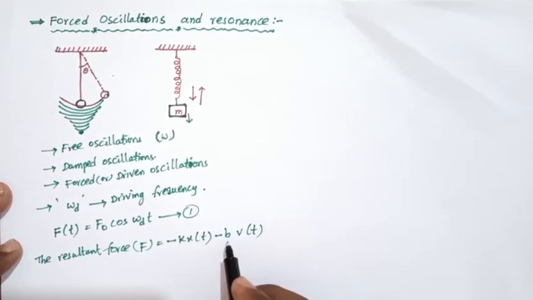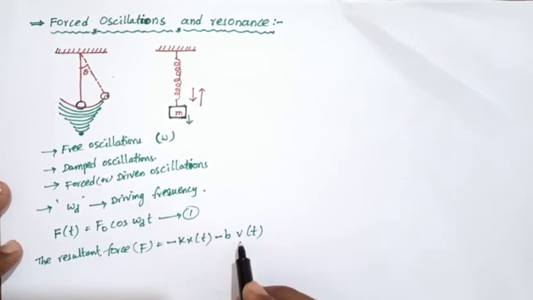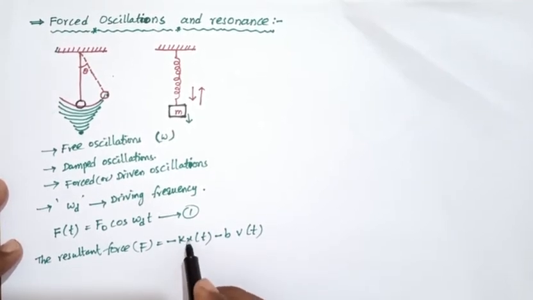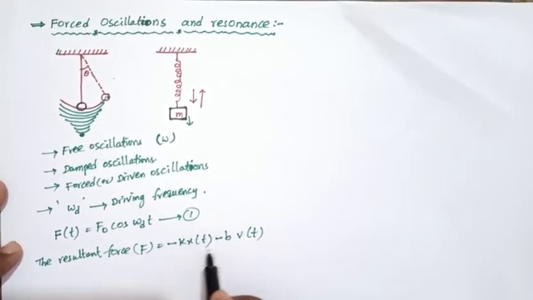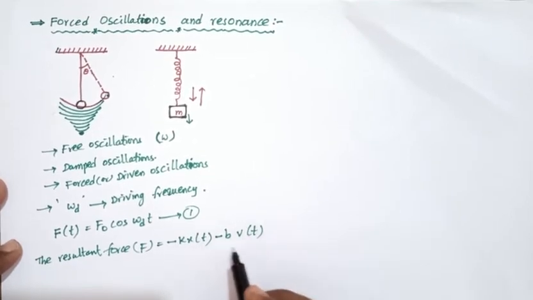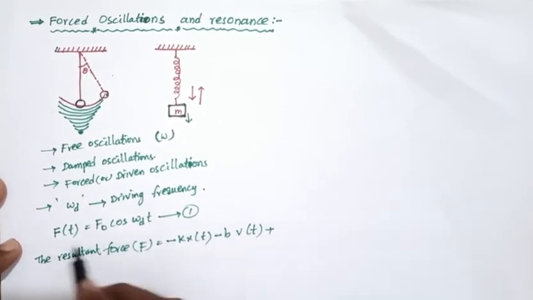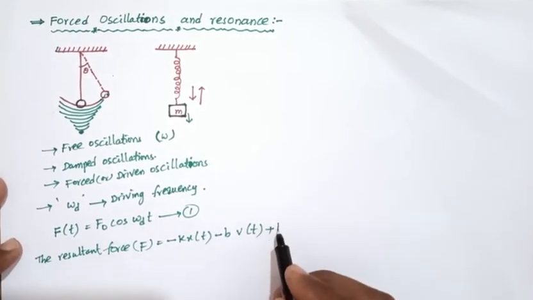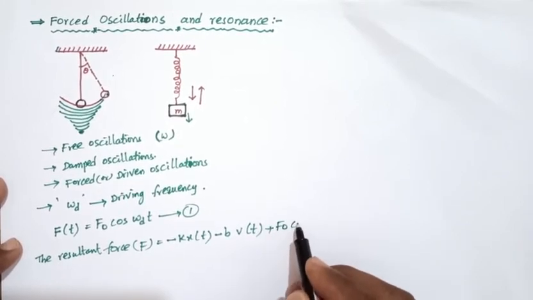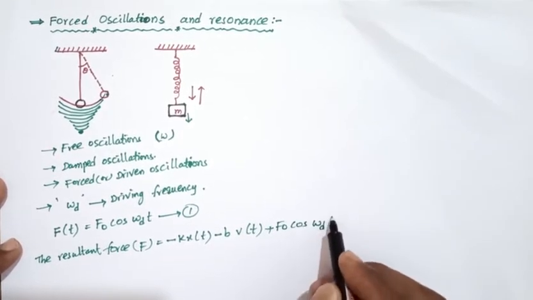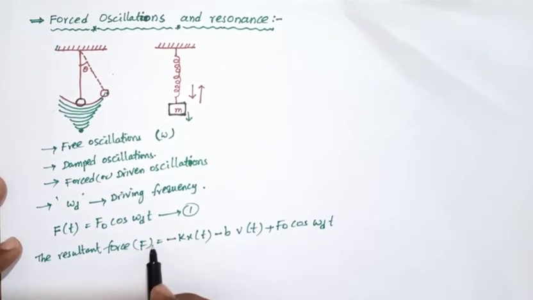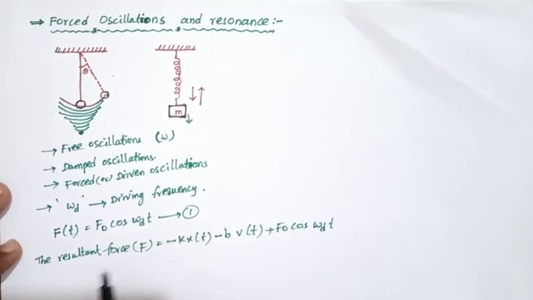Here b is a positive constant of the damped oscillator, and k is the spring constant. So this is the restoring force, and this is the damping force, plus the driving force F of t equals F naught cos omega d t.